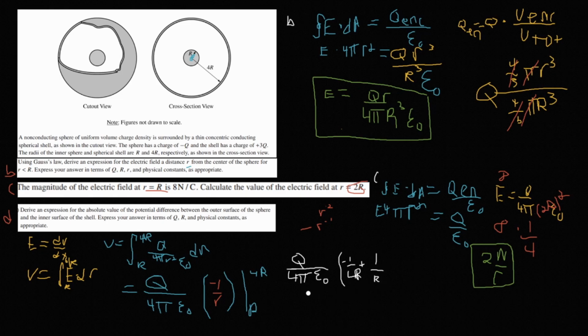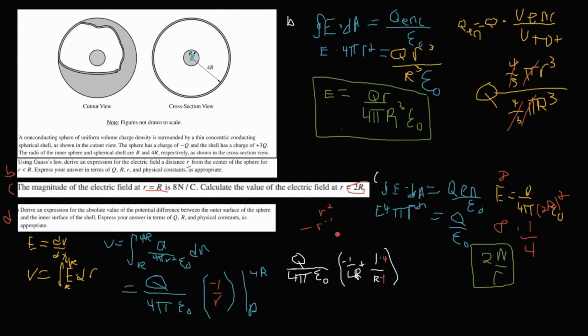And then we can get a common denominator. Multiply both sides by 4 times 4.